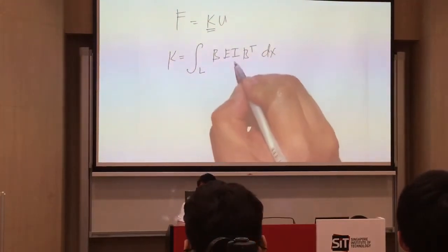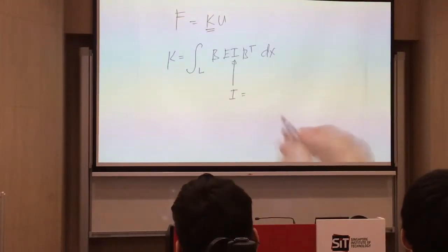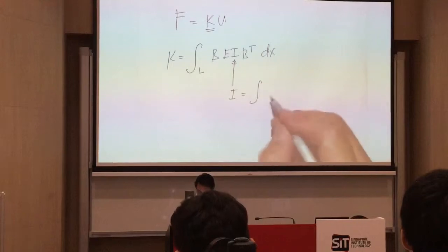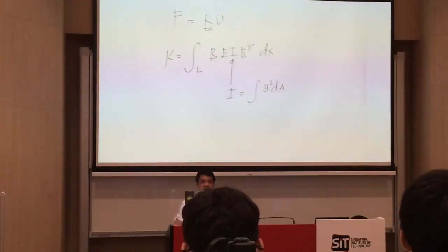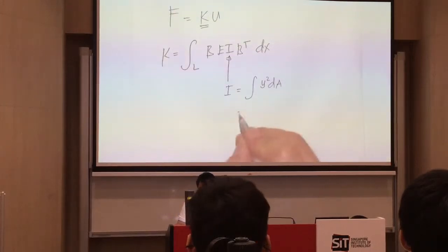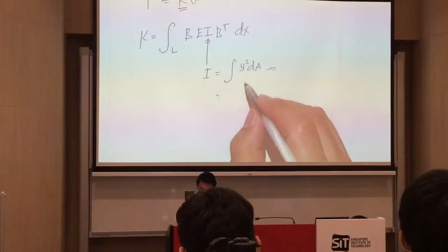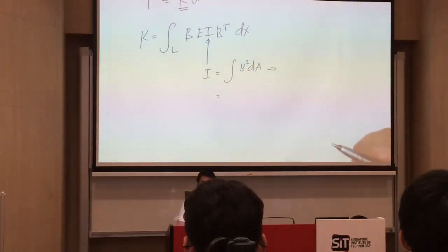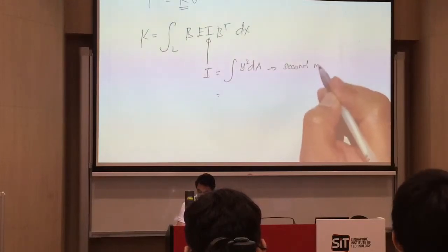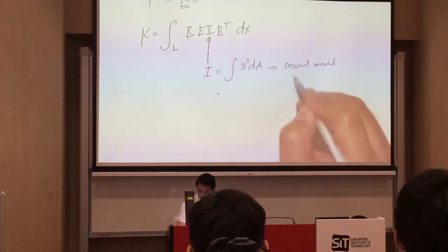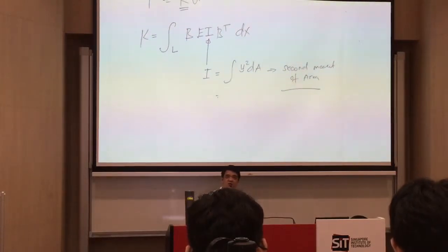So take note, this will be the change here, wherein you have I equal to the integral of y squared dA. If you have, say, a square or rectangular cross section, I is simply equal to bh cubed over 12. So this one is your second moment of area. Take note of this one here.